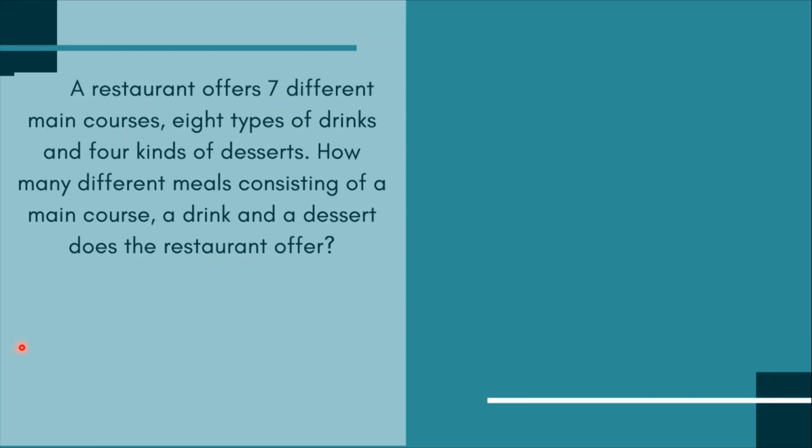Kasi ang gagawin nating pagpili is isang pagpili sa main course, isang pagpili sa type of drink, and isang pagpili sa dessert. So, ilang ways ba ang pagpili sa main course? We have 7. Ilang ways sa types of drinks? We have 8. Ilang choices sa kinds of desserts? We have 4. Then, multiply lang natin sila. So, we have 7 times 8 times 4 is equal to 224.